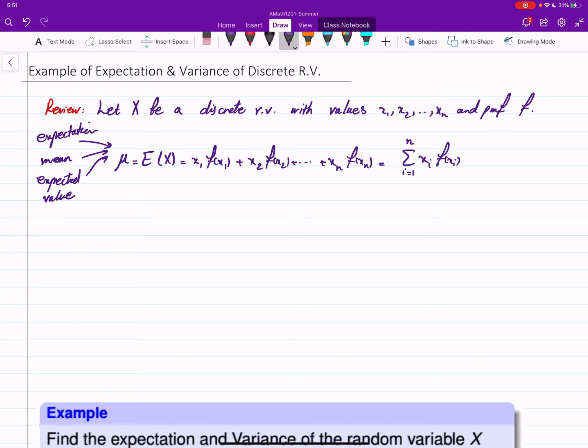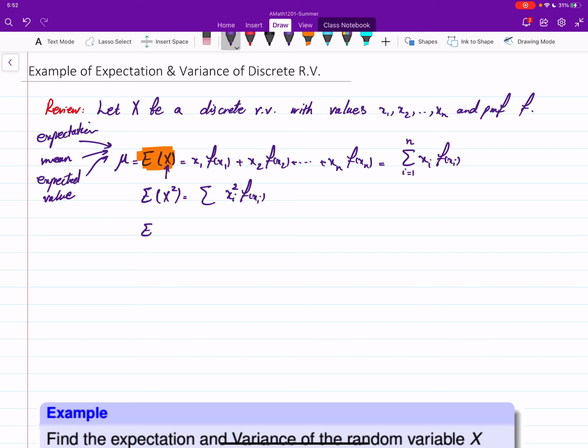The notation E of X is more than just one number. We can change the X inside. We can ask what is E of X squared. In that case, so far we were doing xi times f of xi, but if this is a square, I will square the values, then multiply with the PMF.